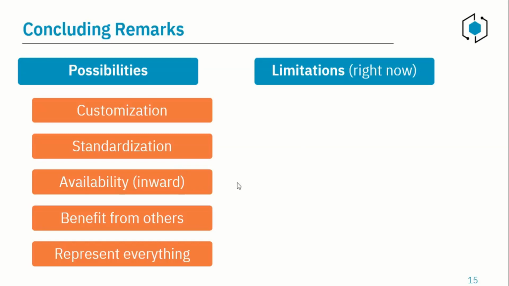Additionally, you have the availability, so everybody who's working on the same instance of the ELN has access to all the generic elements if they are enabled as a user.